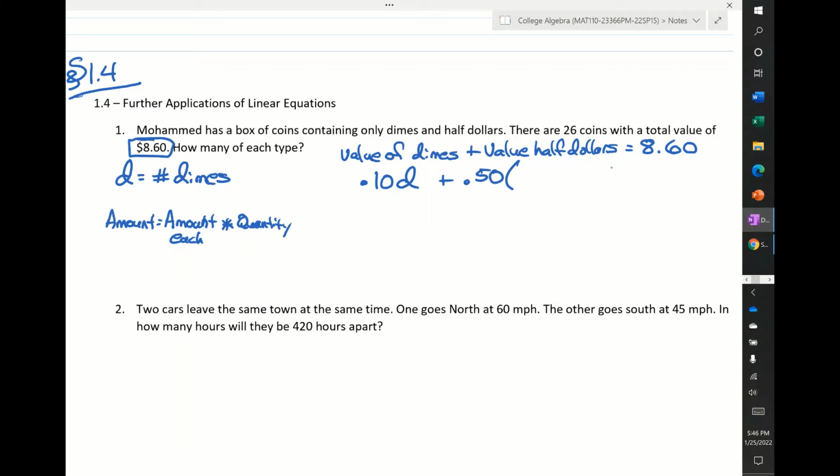We have D dimes. So how would we write how many half dollars we have? We don't know how many dimes there are, but we know that there's D of them. What if we had 10 dimes? If there's 26 total and we have 10 dimes, how many half dollars would there be? 16. We take the total minus the number of dimes, and whatever's left over is the number of half dollars.